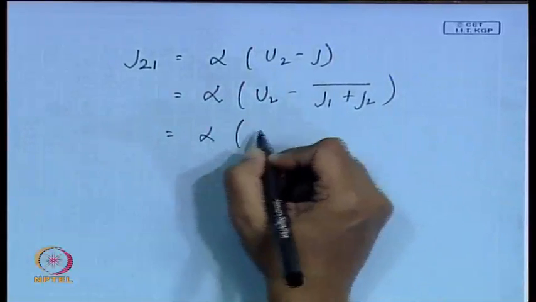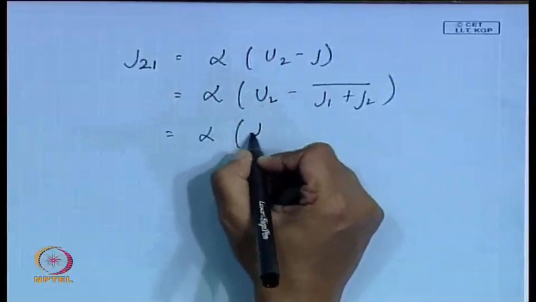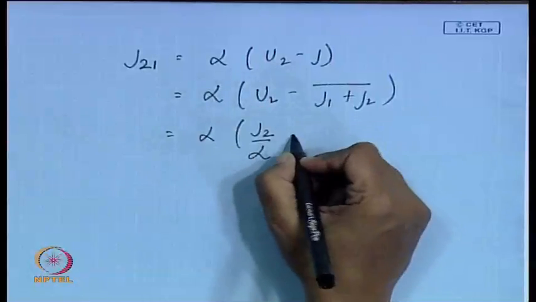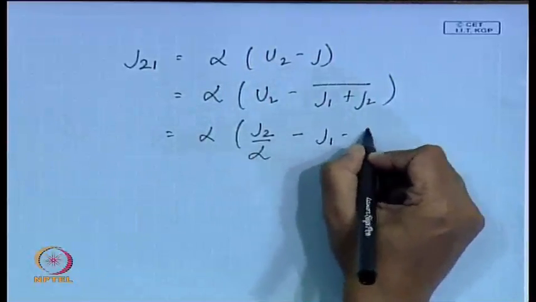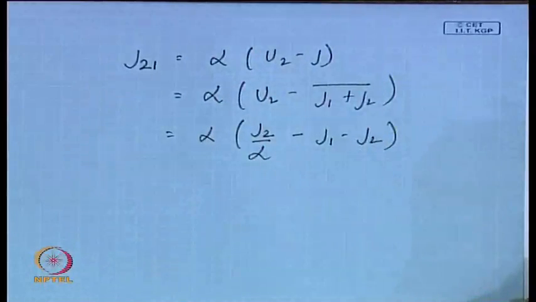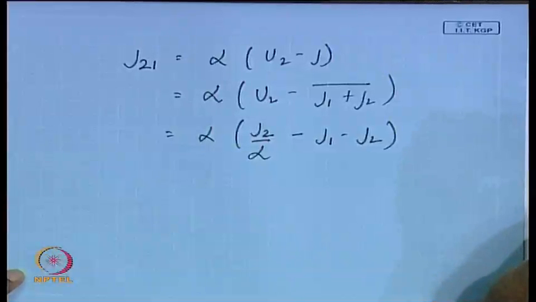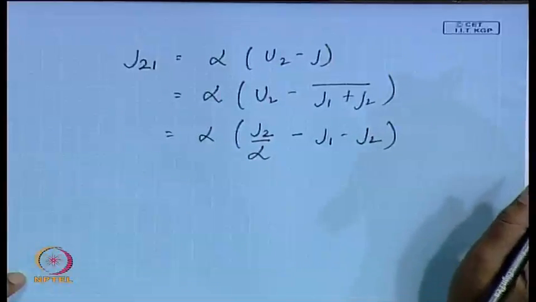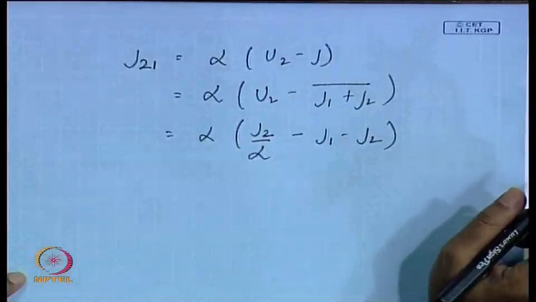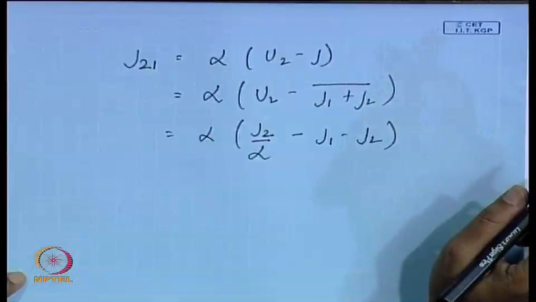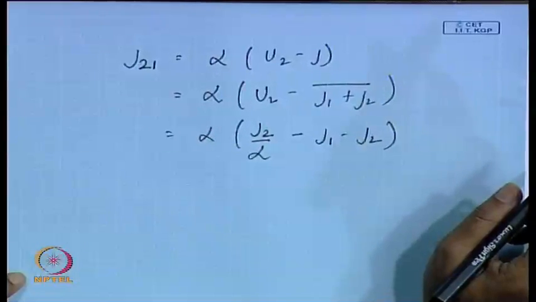Alpha also, U2 we can substitute in terms of J2, and we get an equation of this sort, agreed? We have just substituted J and U2 in terms of component fluxes J1 and J2.